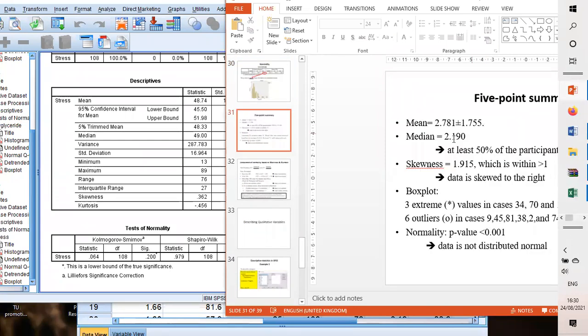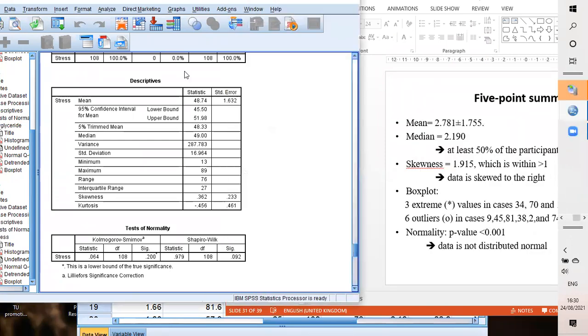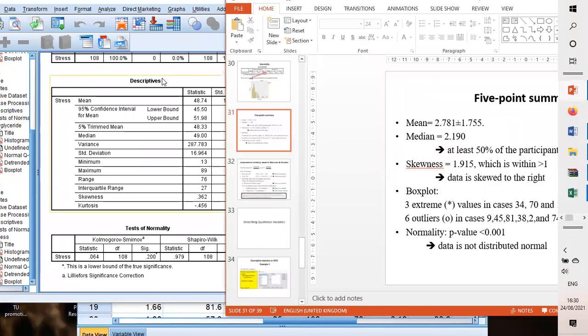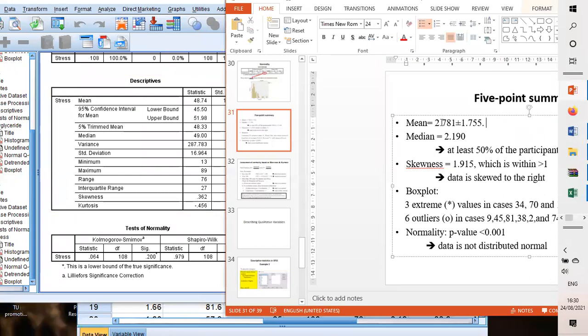Okay. Mean. Tell me what's the mean value. 48.74 plus minus the standard deviation, 16.96.